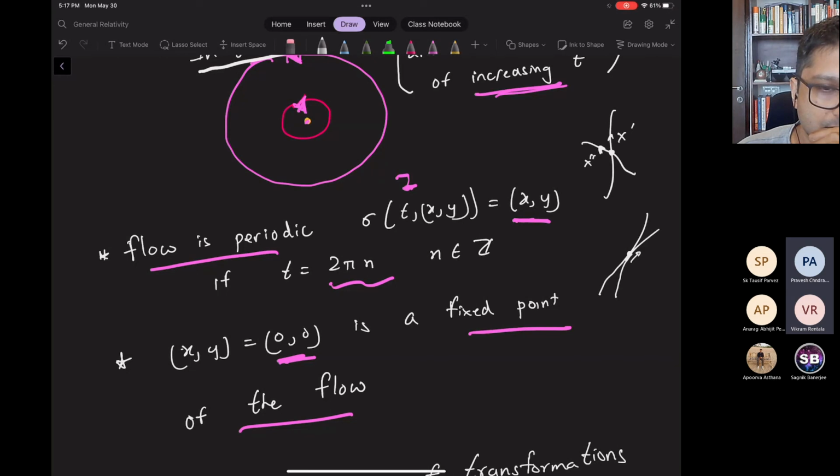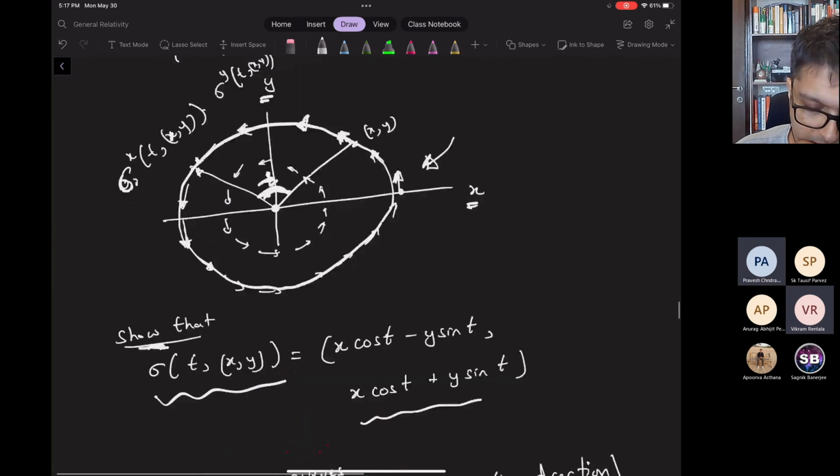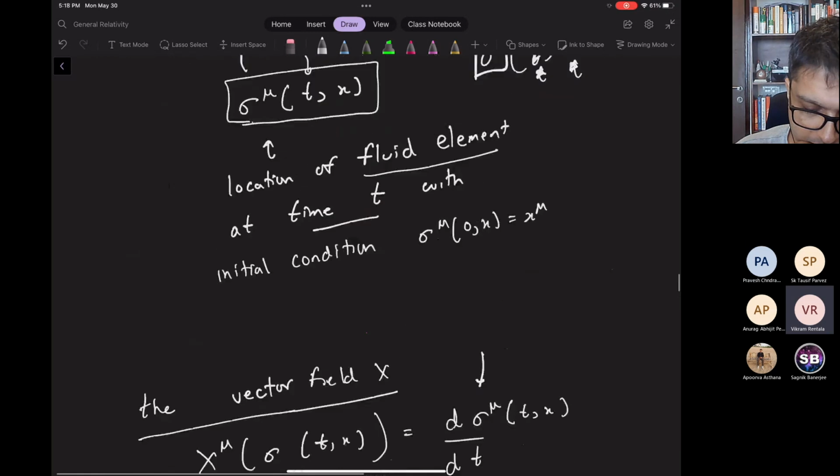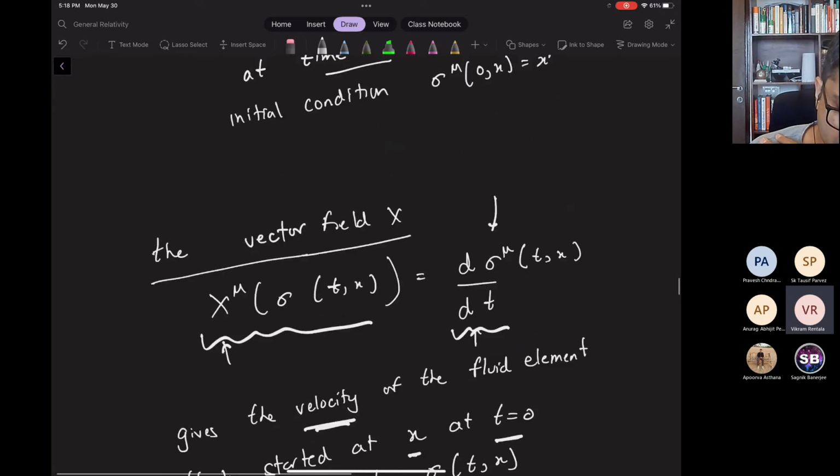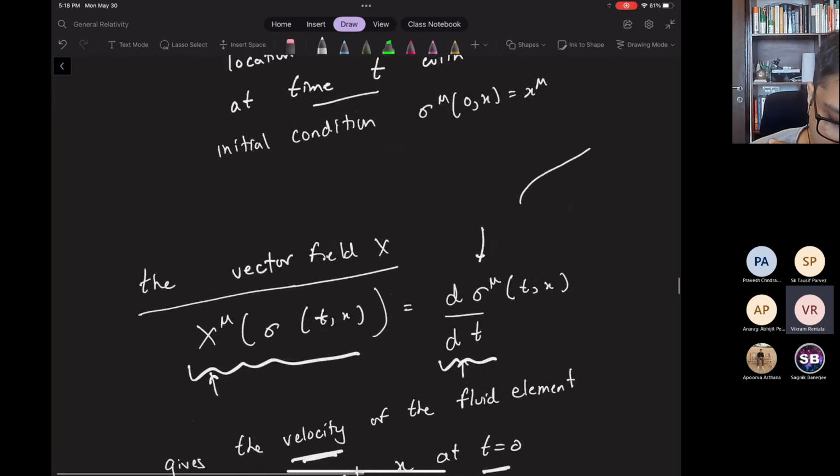Sir, in the flow equation, d sigma mu over dt, this X mu on the right-hand side is a function of sigma, and how? Oh, because as I move along the flow, along the curve t, I started at the point x, and now I'm at the point sigma mu of t, x.